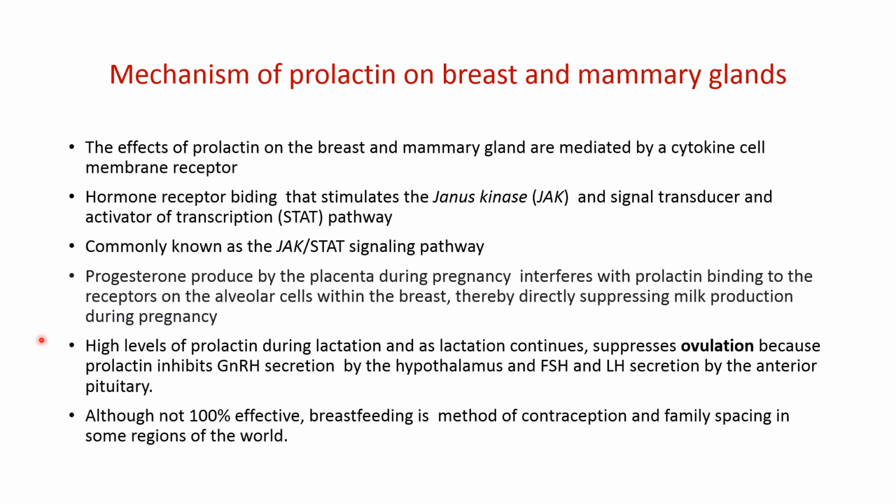This is of particular importance to some women who use lactation as a method of contraception, because the likelihood that a lactating woman starts a new menstrual or ovarian cycle is low because of the absence of GnRH, FSH, and LH. That does not necessarily mean it's 100%, but it works.